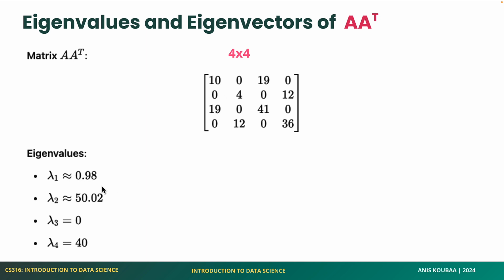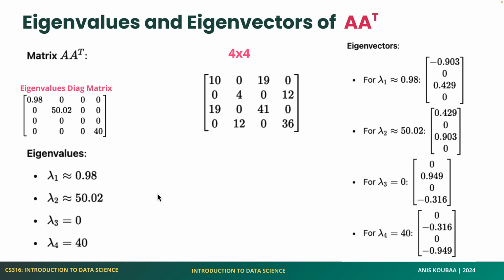So 0.98, 50.02, lambda 3 is equal to 0, and we have 40. And for every eigenvalue, we have a corresponding eigenvector. So this is a representation of the eigenvalues as a diagonal matrix. And we have also corresponding eigenvectors. For lambda 1, this is the eigenvector.